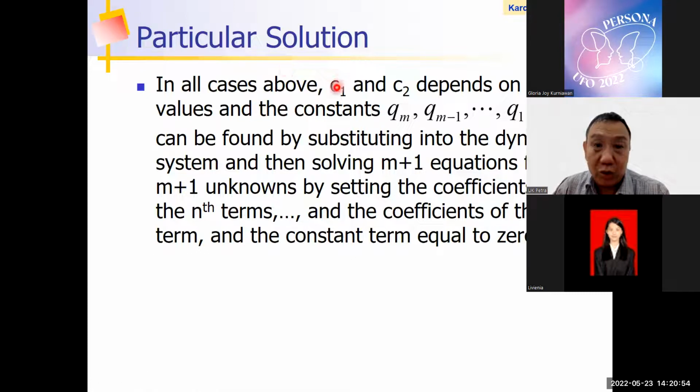The particular solution depends on other constants, q_m until q_0, which can be found by substituting into the dynamical system. Then you will solve m plus 1 equations for m plus 1 unknowns. Let me give an example so that you will understand what I'm talking about.